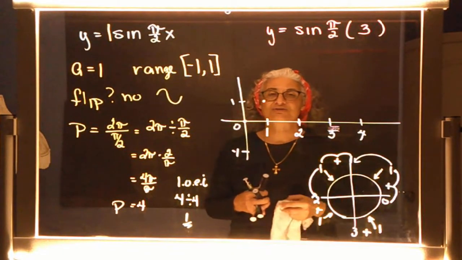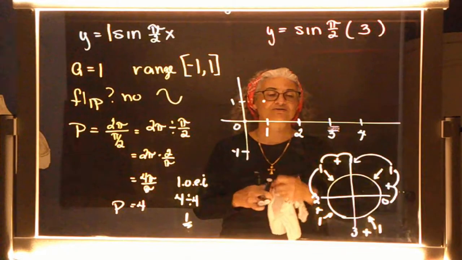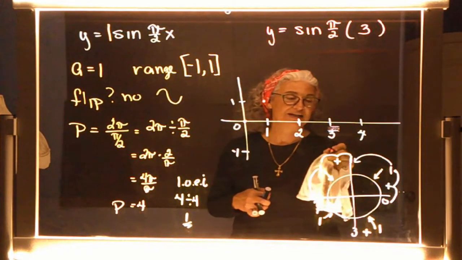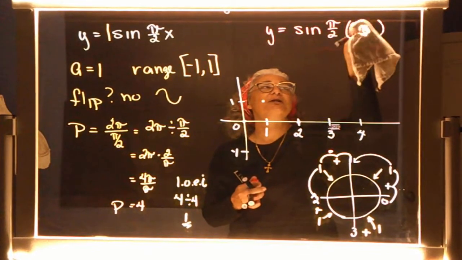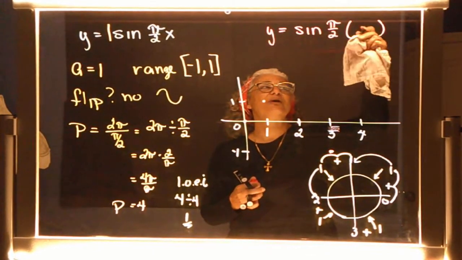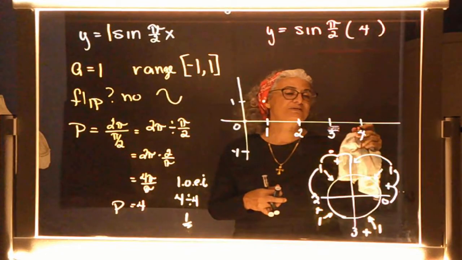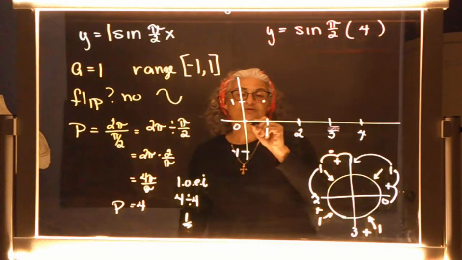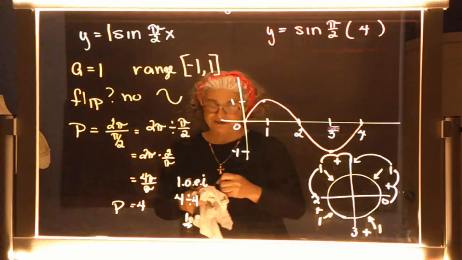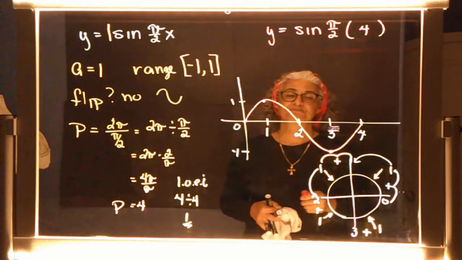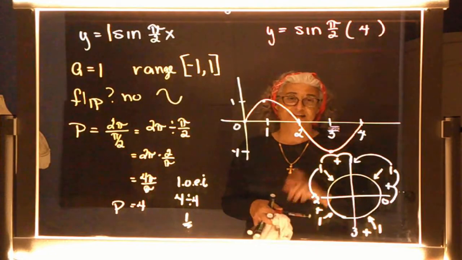Yep, 3 pi over 2. And what's the sine at 3 pi over 2? Good. -1. And can you guess what happens when you plug in the 4? That's right, you're back at 2 pi, and you know the sine at 2 pi is 0. So I did get the mountain to the valley graph, didn't I? Cool? Okay, so hang in there. I got another characteristic.